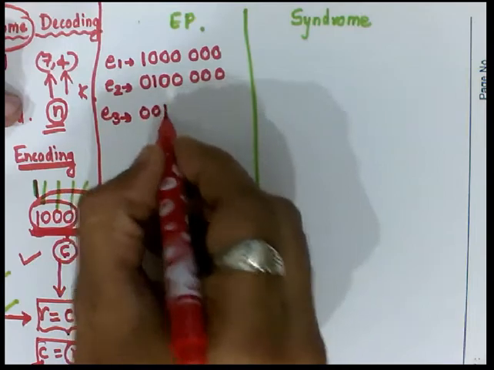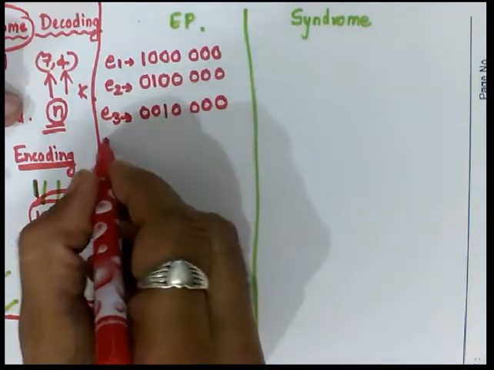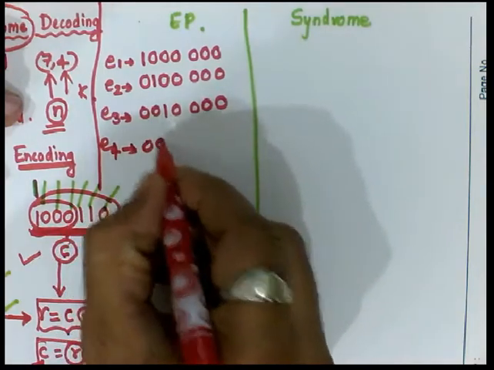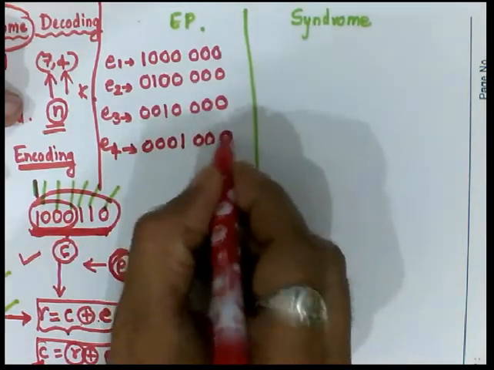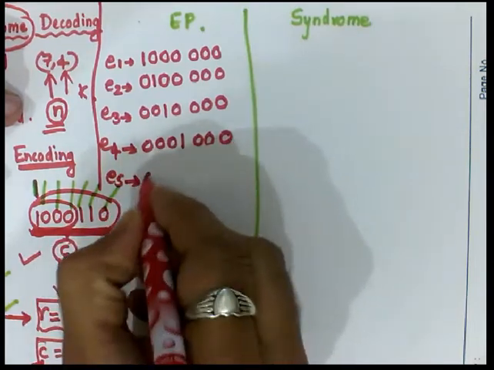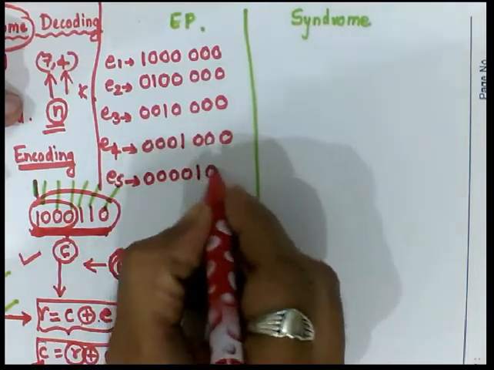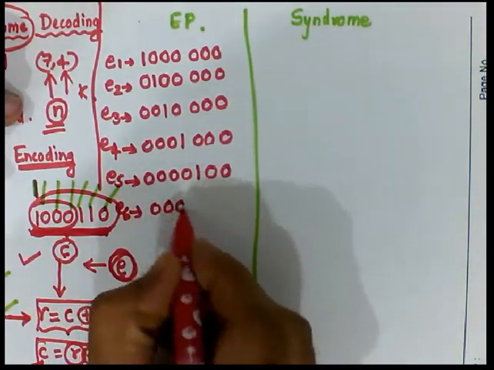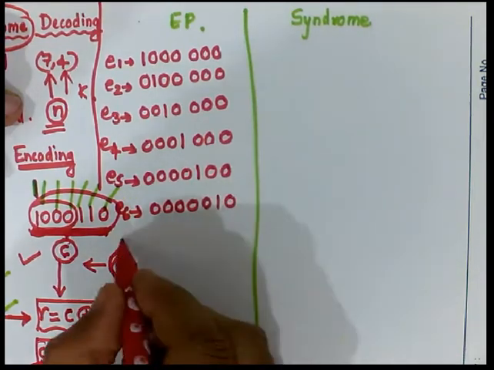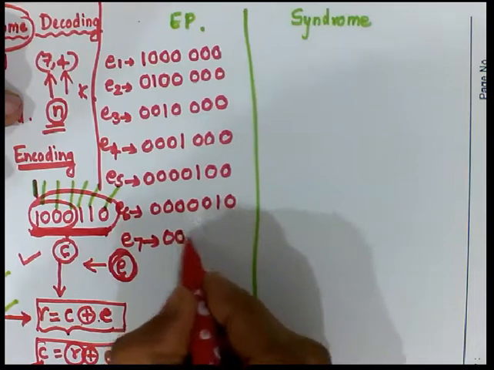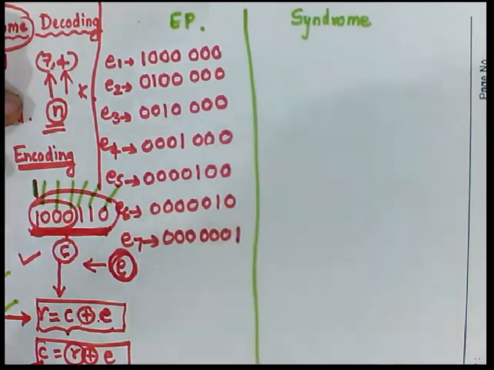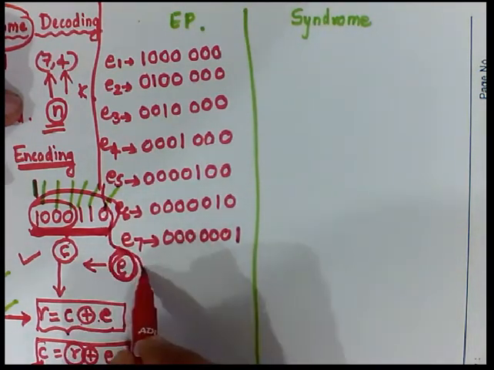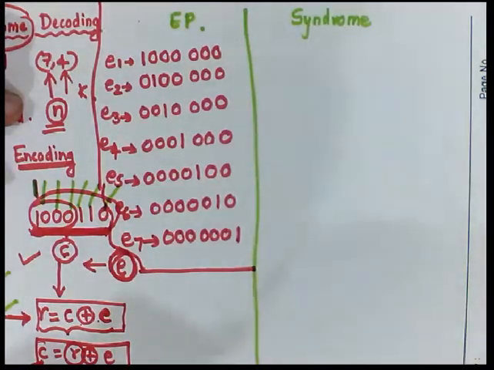Similarly E3, E4, E5, E6, and finally E7. So these are the total 7 error patterns possible based on the value of n, because there are a total of 7 bits in the code word.